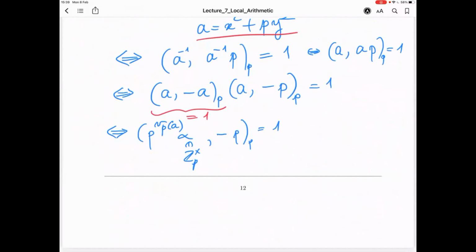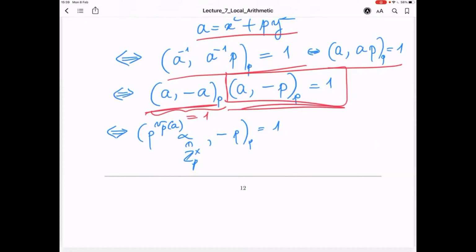So as before, this translates as this Hilbert symbol being equal to 1. So I can multiply by a squared to get this equal to 1, and then expand. This part is always equal to 1. So the condition becomes finally that this should be equal to 1.